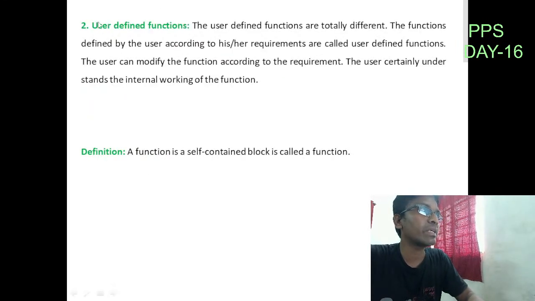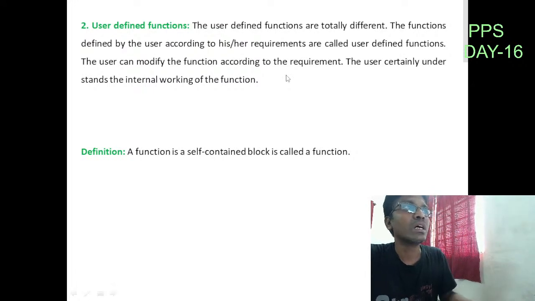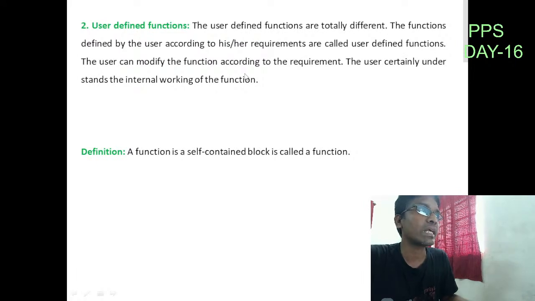Here the name indicates the user: the function is implemented, developed or created by the user only. So when compared to predefined library functions, the internal working of user-defined functions can be understood very easily, because the user developed these functions. The user can easily understand what logic we write inside that function.